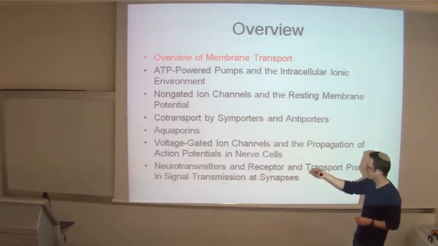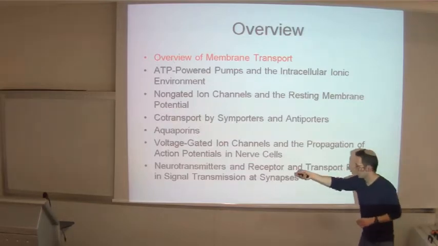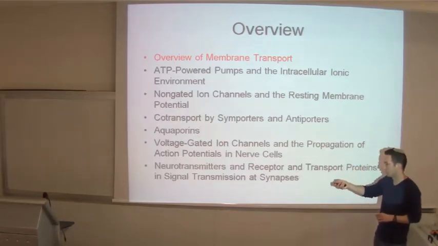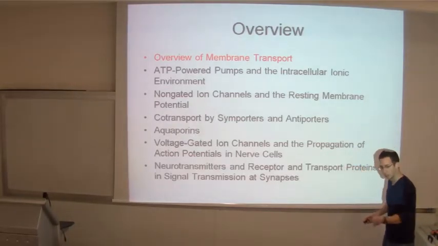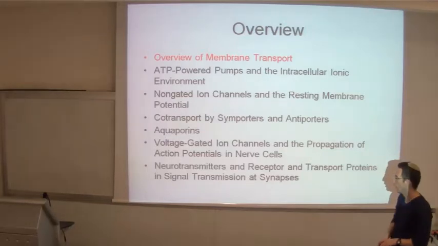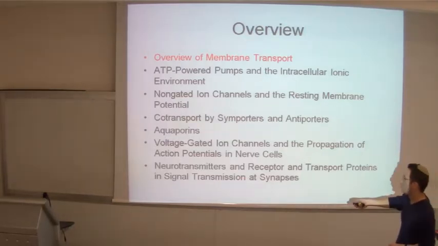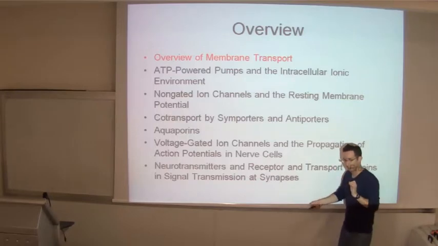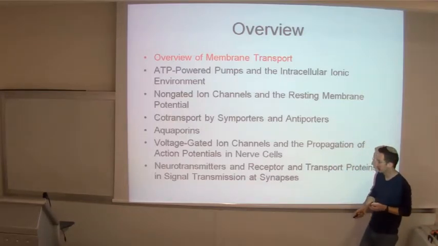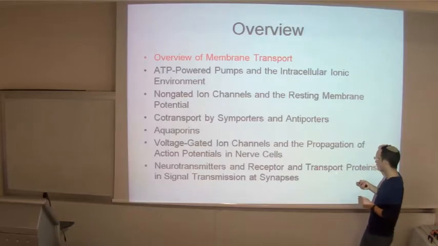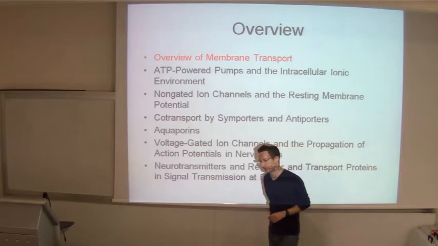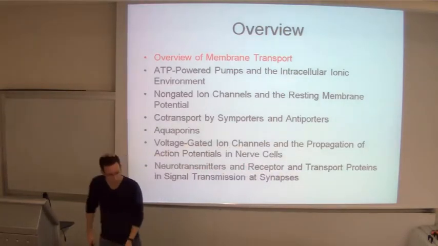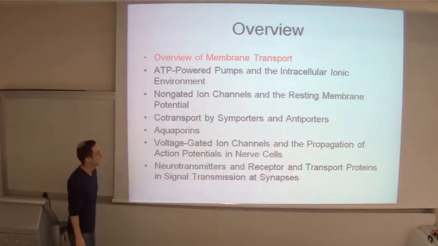So these are the voltage-gated ion channels, and these are the main components that generate the action potential or allow for the active propagation of action potential along long nerve cells. And we'll finish with a chapter that describes the major components we find at the synapse site: neurotransmitters, receptors, transport proteins. All these components are involved in signal transmission. Okay, so let's start with the overview.